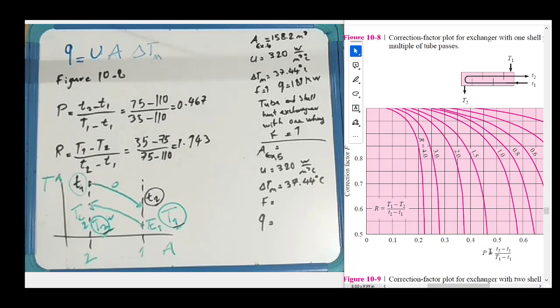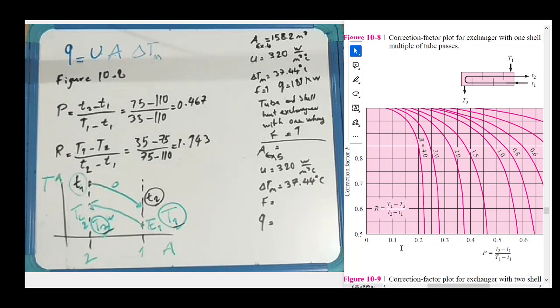Let's find it. P is 0.46, around here. Okay, in the X axis, our P is here. But what about R?